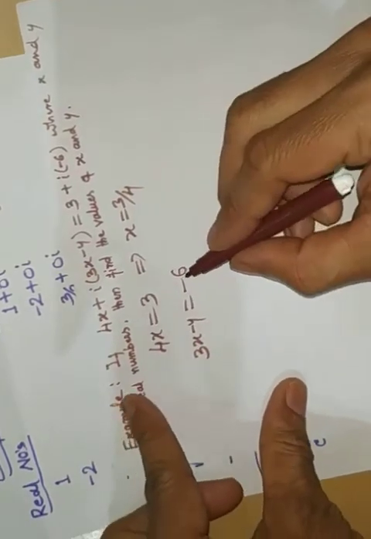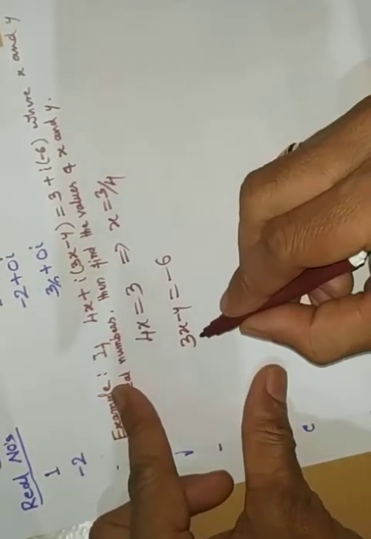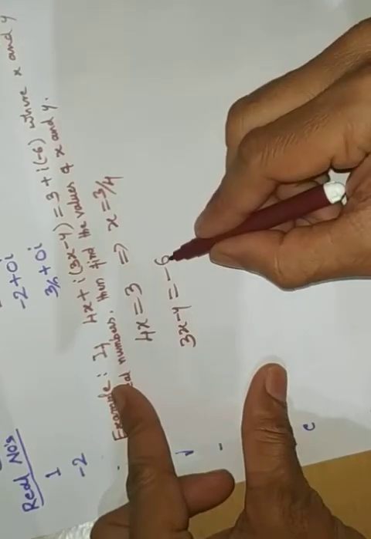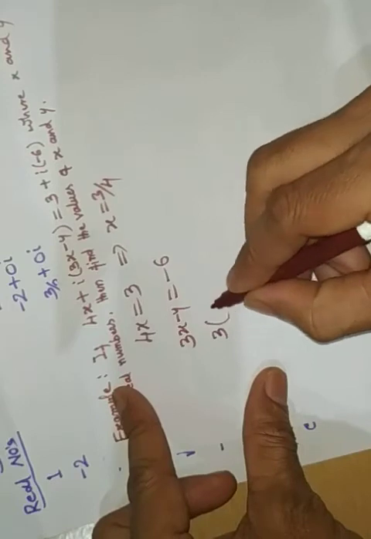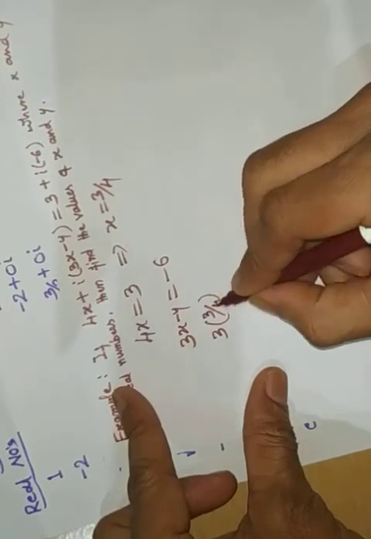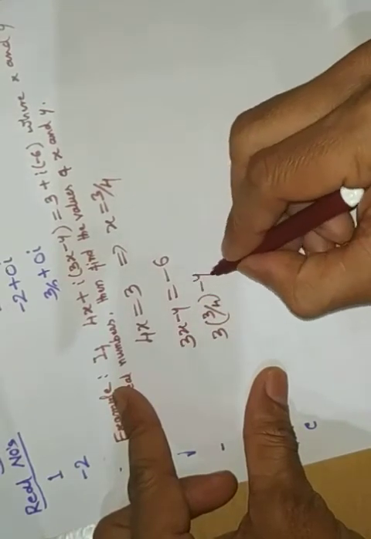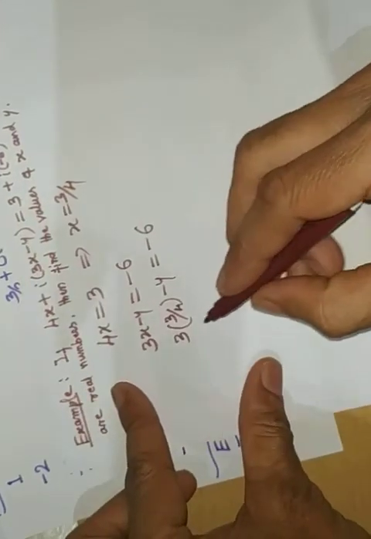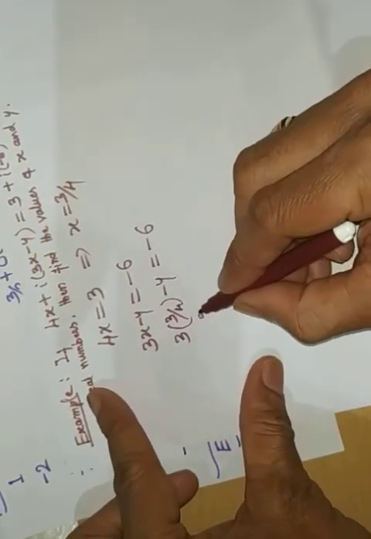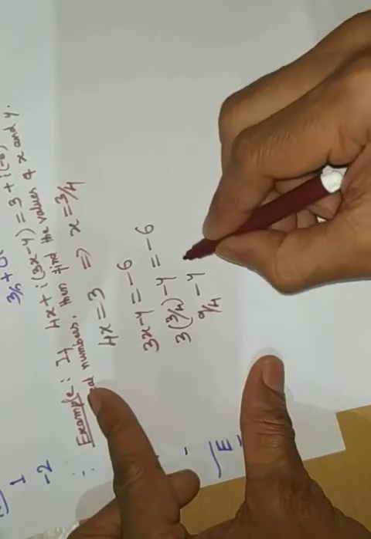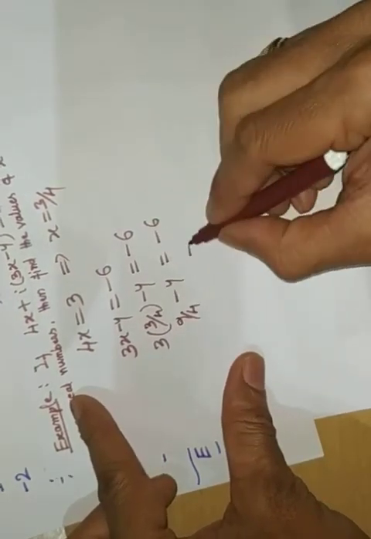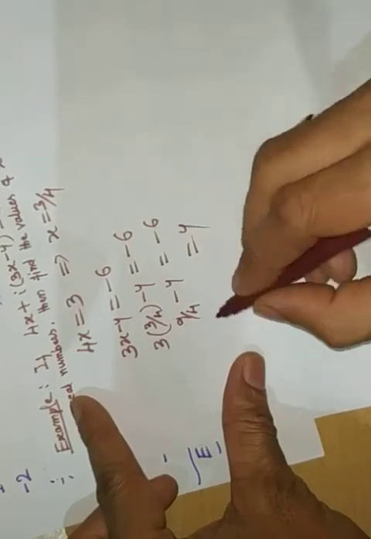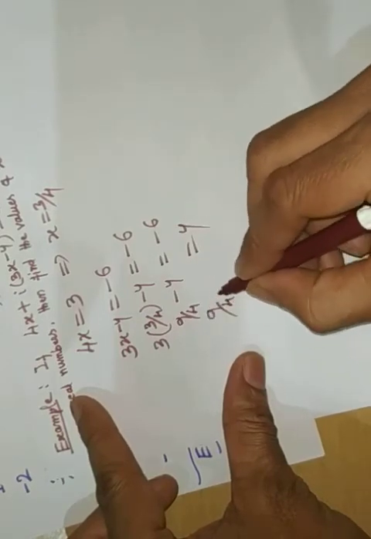When we solve this, 3x minus y is equal to minus 6, and the x value we already got, so 3 into 3 by 4. The x value is 3 by 4, minus y is equal to minus 6. Now 3 threes are 9, so 9 by 4 minus y is equal to minus 6. Now I transfer minus y to this side, that is plus y, and minus 6 to the other side, that is plus 6.